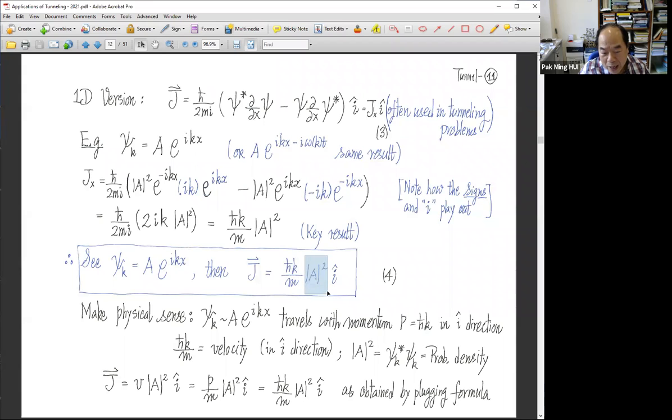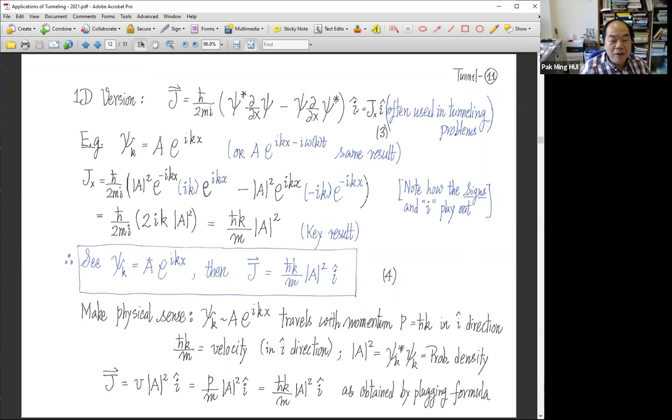And A squared is the amplitude, psi squared is the probability density of the wave. So this is how strong the wave is. This is how fast the wave is traveling. So that gives you the probability current density. Makes sense, right? Probability density traveling with this speed gives you that. Okay, so that is the meaning.